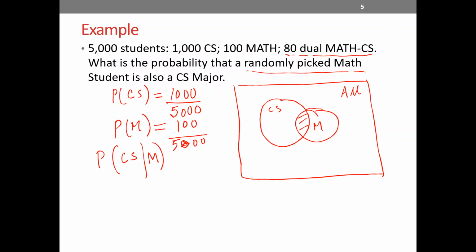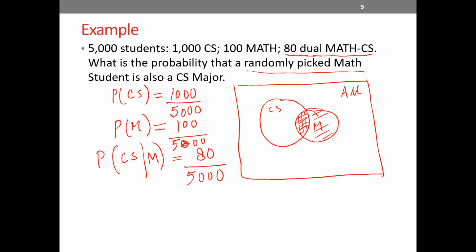Now I have that information here explicitly given to me, so I know that this is going to be 80 over 5,000. But if you really look at it, what we are doing here, and we go back and check our Venn diagram, I am trying to find this particular thing, right? But I'm also given that that person is a math student, right?